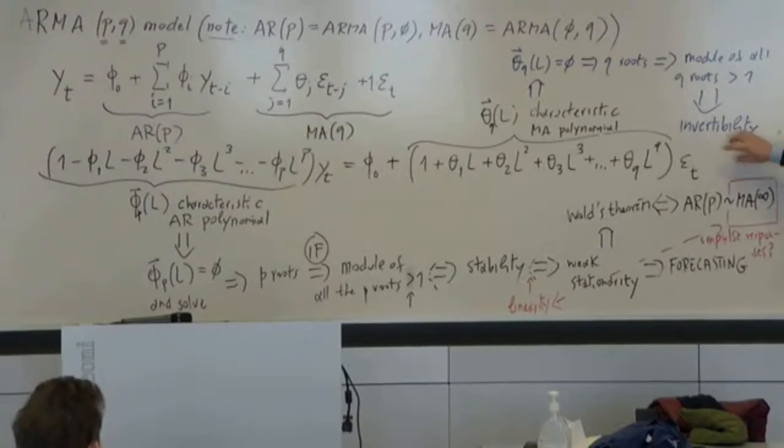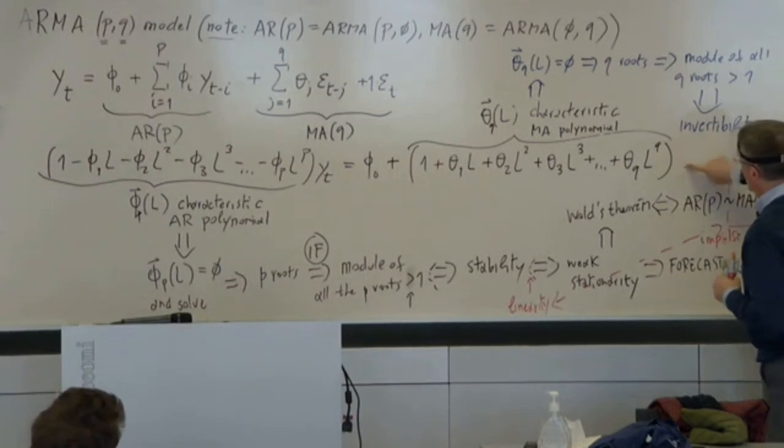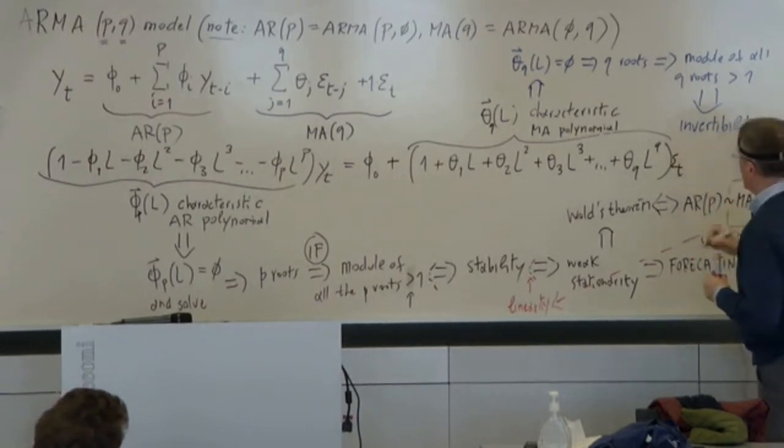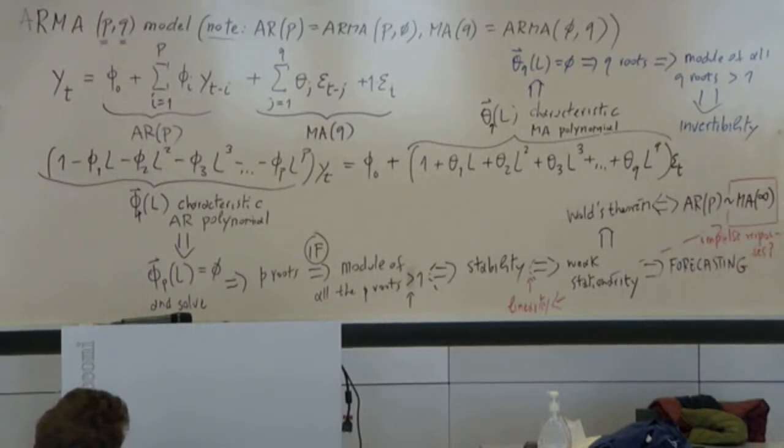Now, we got something similar here. I'm just moving epsilon t a bit because it is in the way. Under invertibility, you have a similar property. You have equivalence, so you can write something as something else.